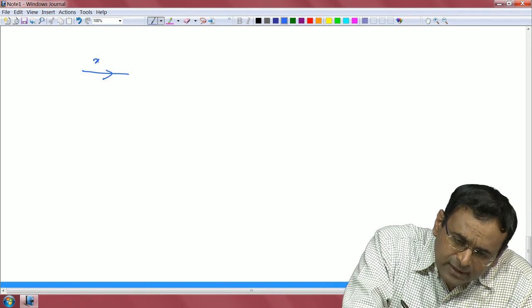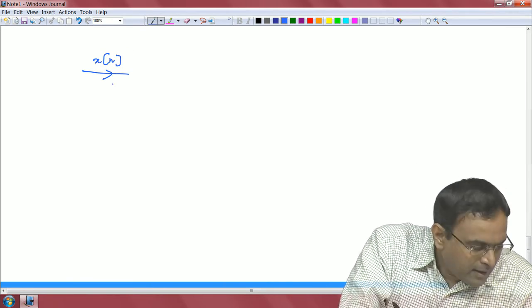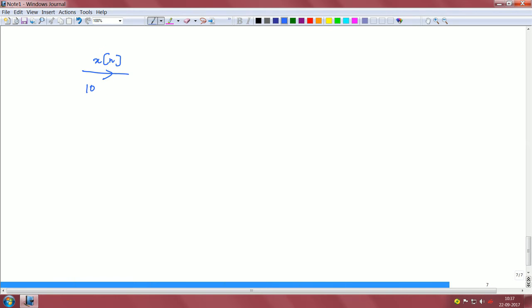So, we have x of n which is at rate 10 kilohertz. We first subject this to a low pass filter 1, let us say this order is n1. Now, I can write downsampling by 100 as downsampling by 50 and downsampling by 2.